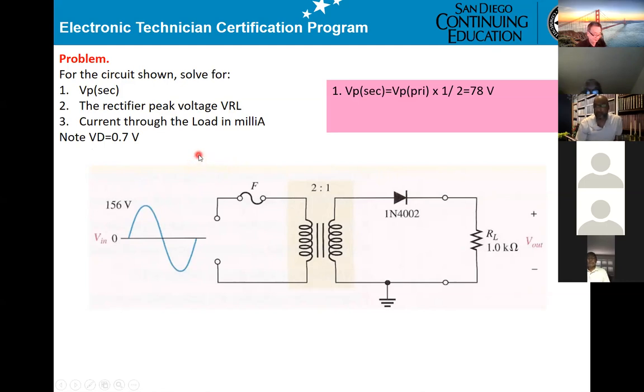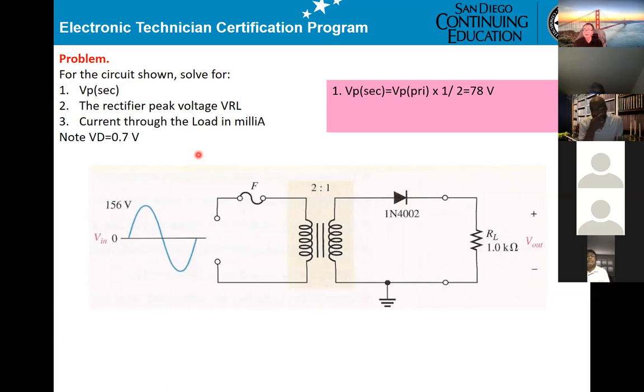If you did not get it, or you don't know how they come up with that number, let me know and I'll try to explain to you. That means you take 156 times 1, divide by 2. 78 volt.